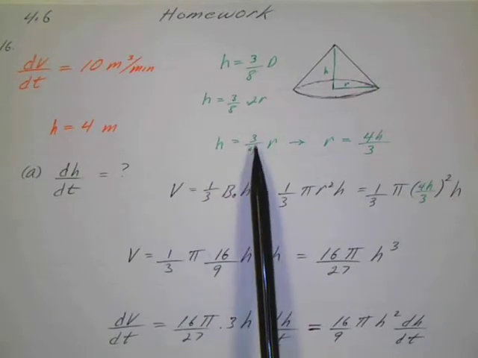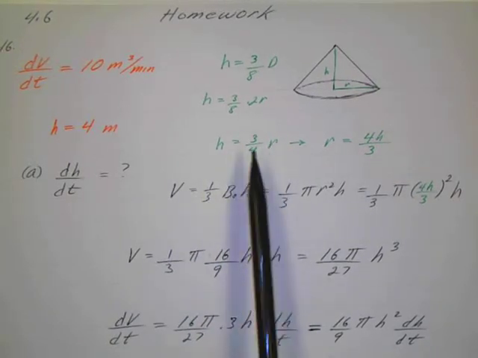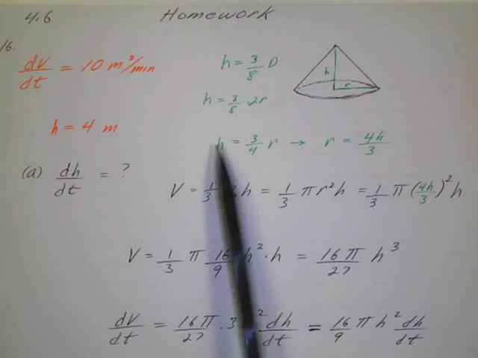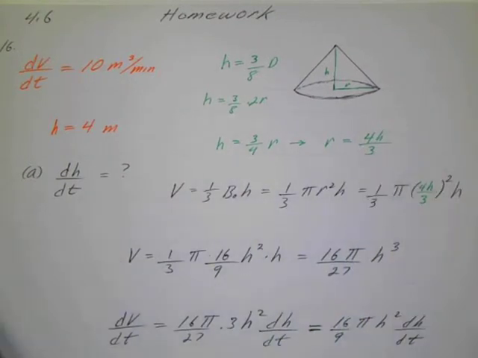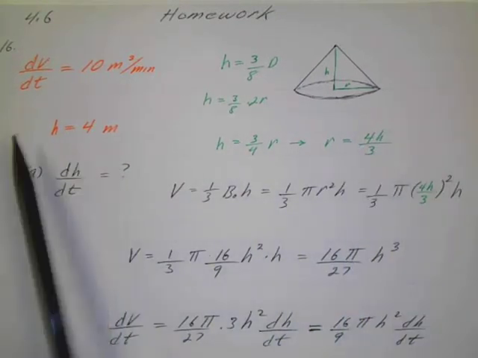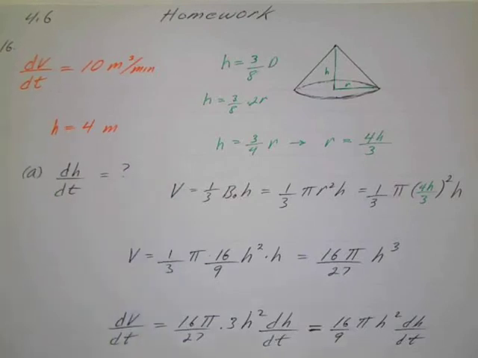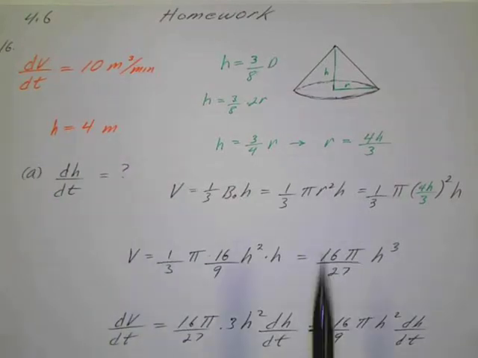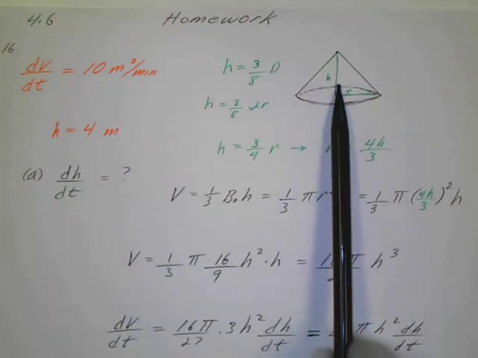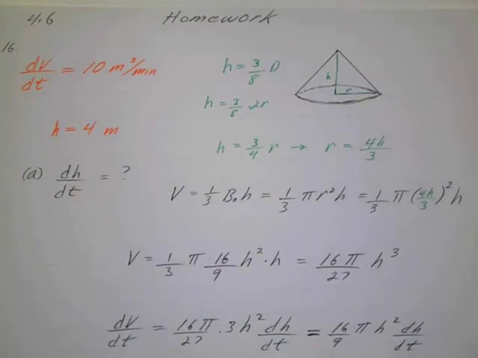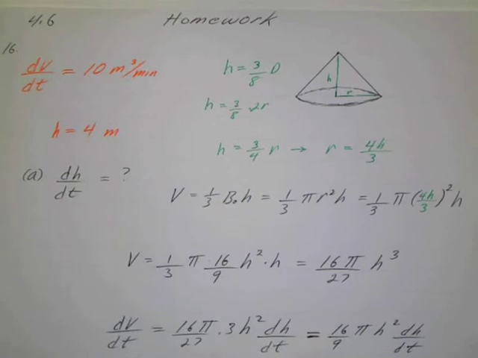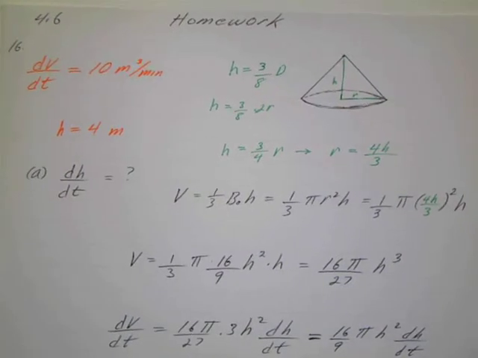So if h equals 3/4 r, I can multiply both sides by 4/3, so I get r equals 4/3 h. So again, I'm looking for dh/dt when h is 4. So how fast is the height growing when it's 4 meters high?